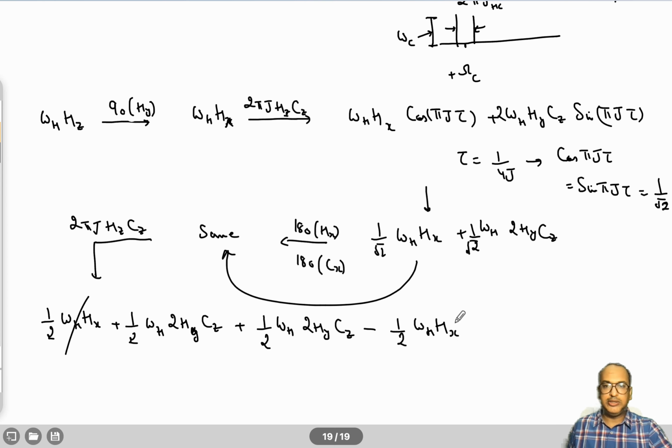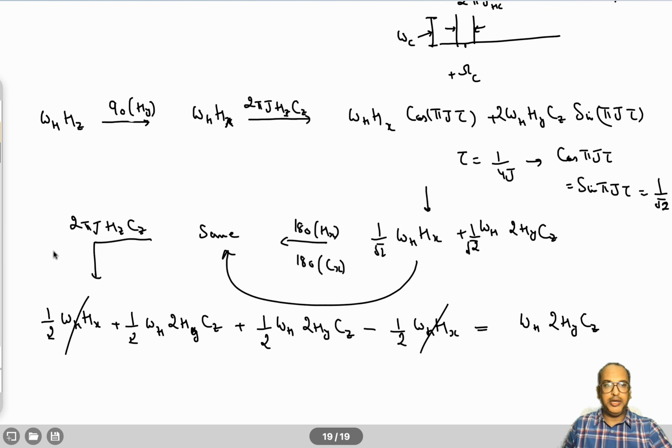If you notice, these two terms get cancelled and these two are added up, so half becomes 1. So omega H times 2 Hy Cz.